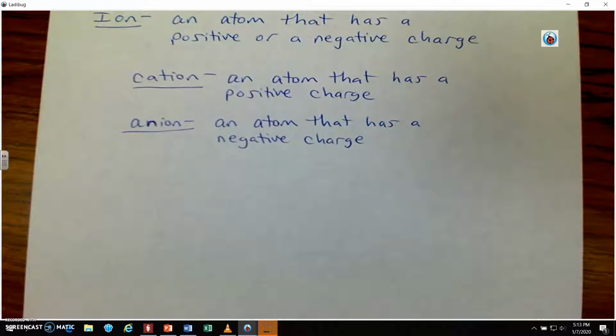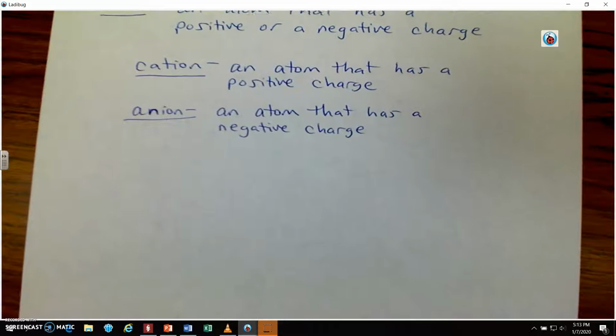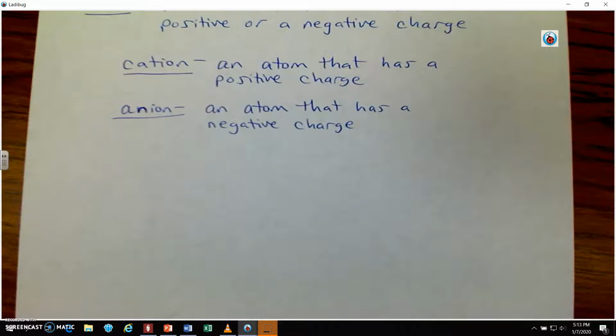For our neutral atom, we did beryllium, so why don't we just continue with beryllium here as well. We're going to draw two different beryllium atoms, one on the left, one on the right.